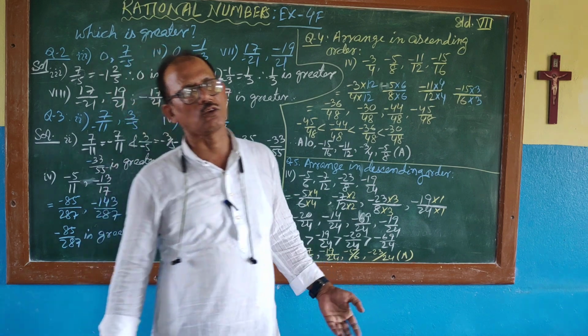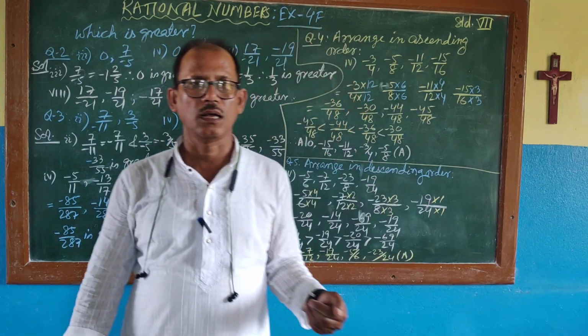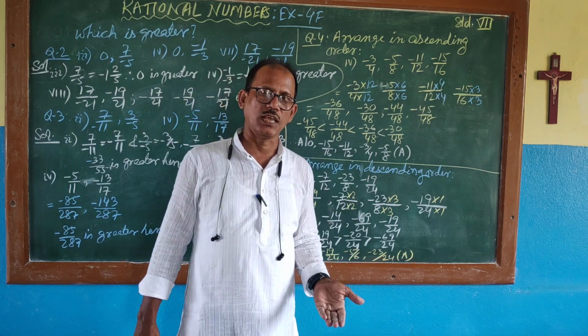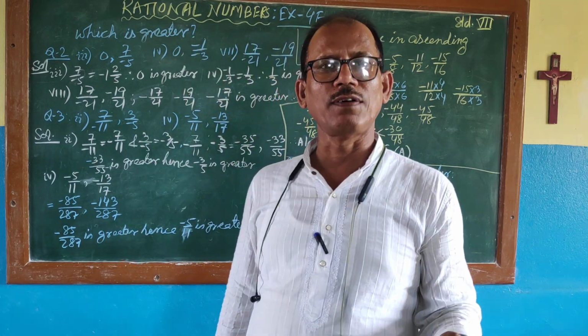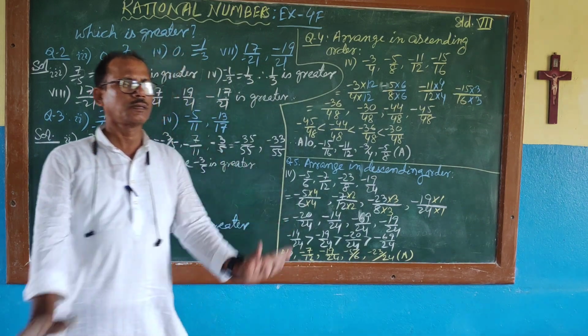Similar aspect here also, for rational numbers. For negative rational numbers, if the denominators are same, the more the numerical value, the lesser the rational number will be. You keep these two aspects in mind.